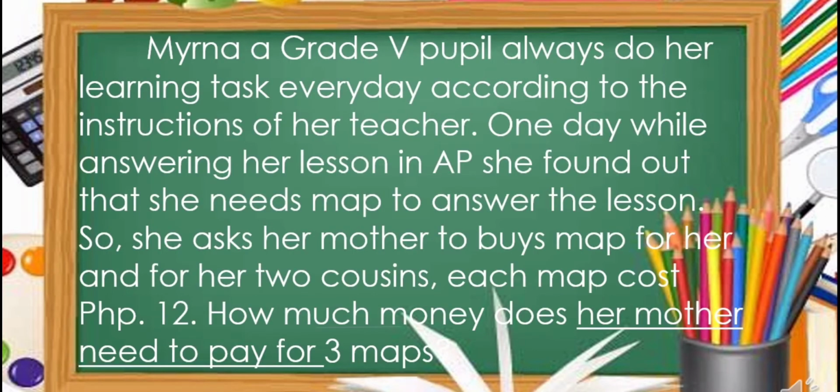Let's go back to the problem. What is asked in the problem? And what are the given information? The problem asks for the total amount of money her mother needs to pay for 3 maps.